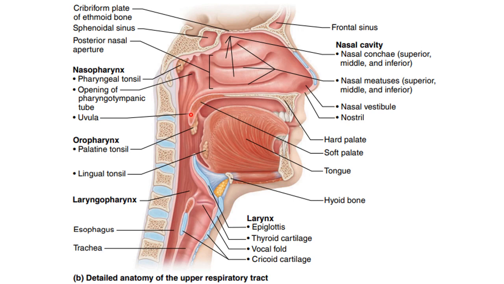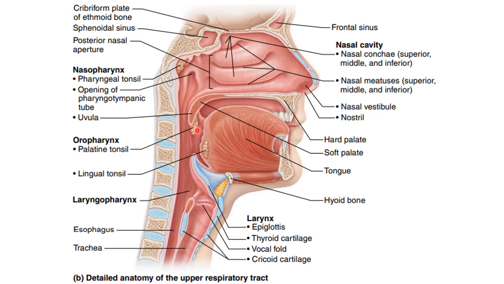And the uvula is part of your soft palate. And this is your hard palate, which continues anteriorly as the alveoli of the maxillary teeth. So the hard palate is continuous with the soft palate, and the palate system separates the nasal cavity from the oral cavity.